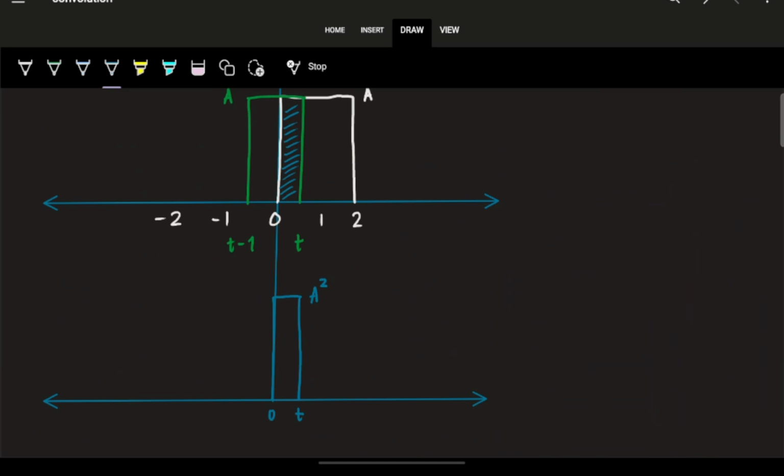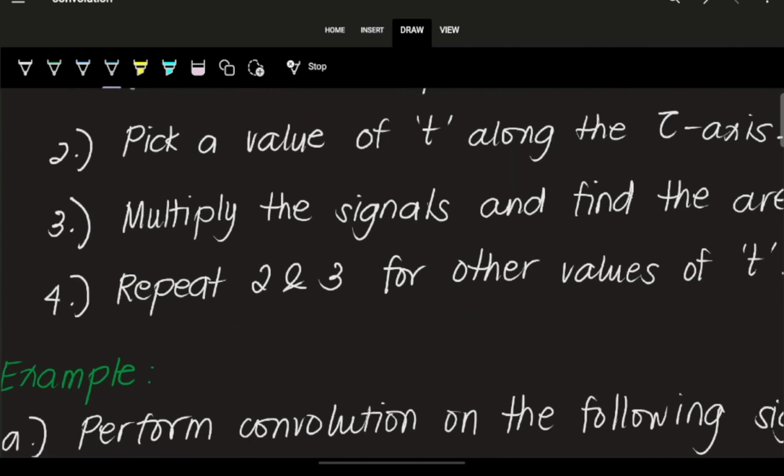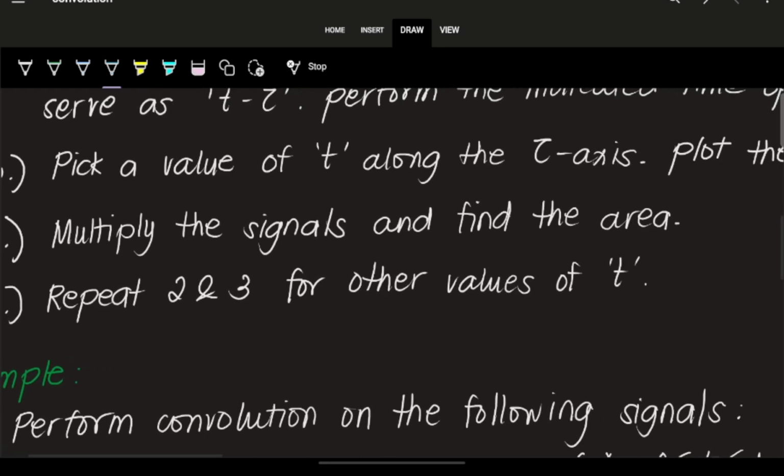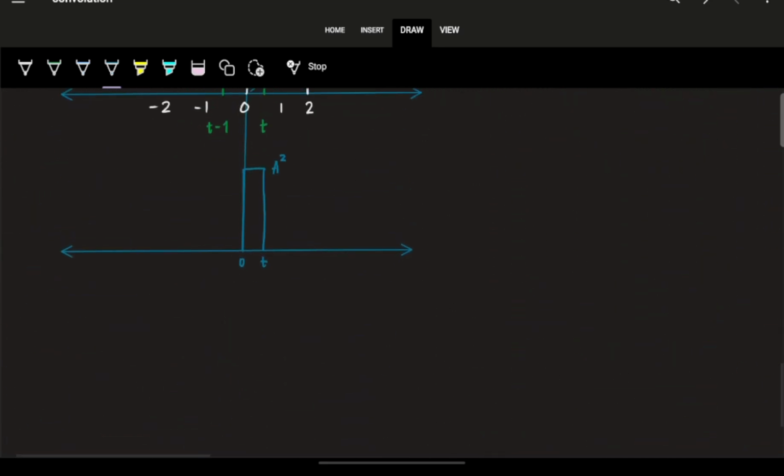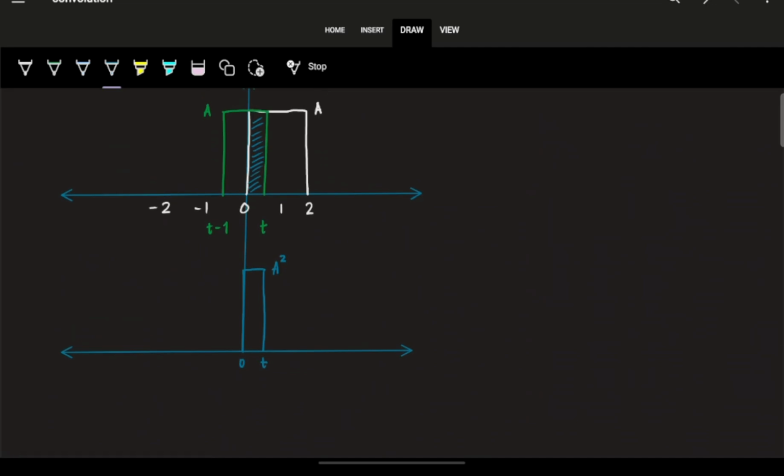Now, sabi dito, get the product of the signal and find the area. Let's observe ano yung shape na nabuo nung signal natin. So in this case, we know that the area of the rectangle is base times height, or simply length times width. So in this case, our a squared can serve as our height, and our base is the endpoint minus the start point.